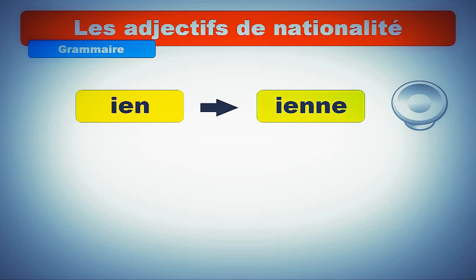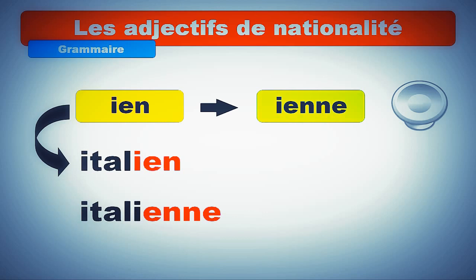Remember, when you've got, like here, double N, then you've got the sound e before, okay? So you get this yen, okay? So let's have some example. Italien, repeat. Italienne, repeat.